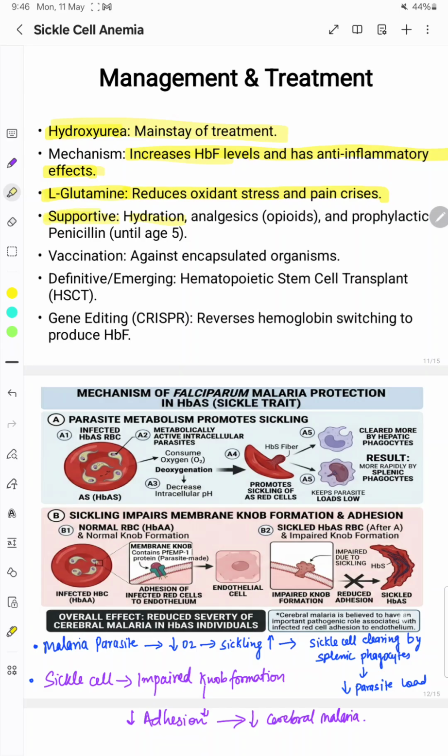Supportive treatment is hydration and analgesics; prophylactic penicillin can be given from the age of 5. Vaccination against encapsulated organisms, as due to asplenia, infection with encapsulated organisms can be increased in sickle cell disease. Definitive and emerging treatments are hematopoietic stem cell transplant, and new treatment modalities are gene editing and reverse hemoglobin switching to produce HbF.